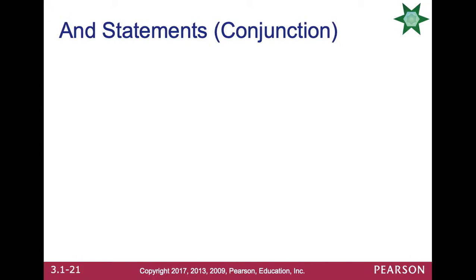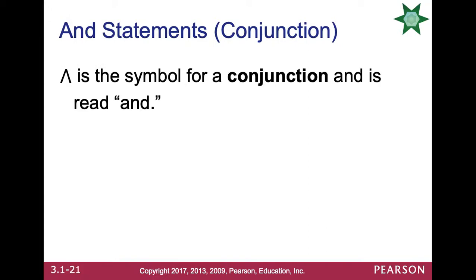So here's another one, and, which is conjunction. I want you to think about what set operation corresponds to and? Now, the wedge is the symbol for a conjunction, and it is read as and.